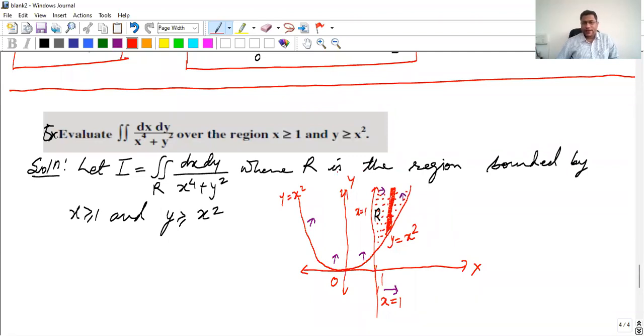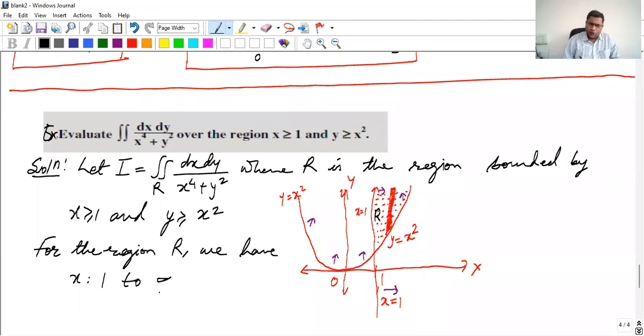So x will be running from 1 to infinity, and y will be running from x square to infinity, because we don't have an upper bound and the region goes onwards. So for the region R, x is running from 1 to infinity, and y is running from x square to infinity.